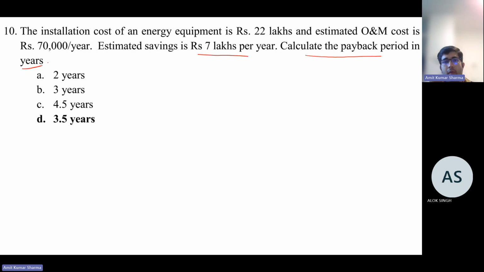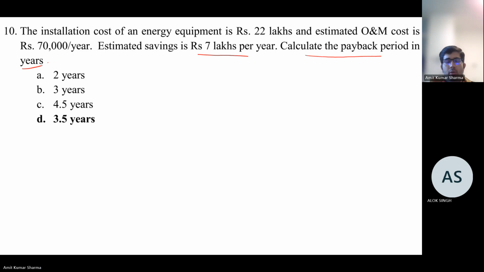So first of all, you have to find out the net saving. Operation and maintenance cost is also a kind of recurring investment, because you have to run your setup. It's a recurring type of cost, so you have to deduct this cost from your savings. After deducting it, you will get your net saving. So now you have your net saving, and you have your net investment.